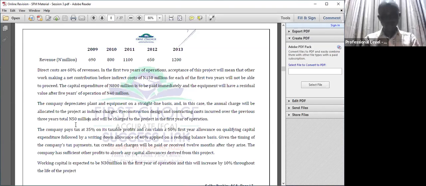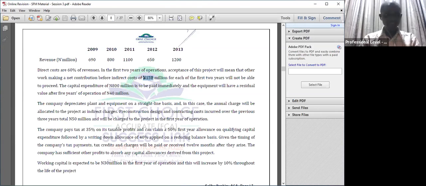So that 150 million naira is regarded as an opportunity cost. We are going to lose this 150 million naira. That is the benefit we are going to forgo if we undertake the project. So it is an opportunity cost in the first and second year of operation.